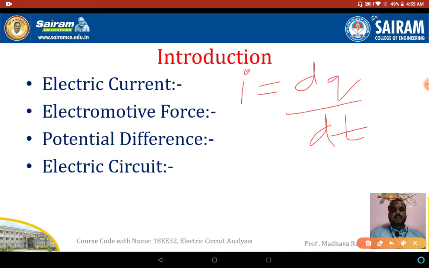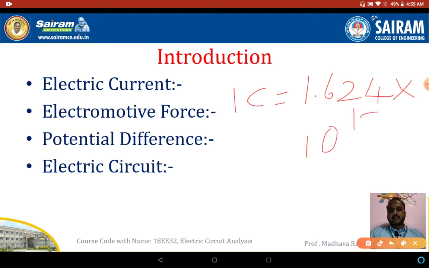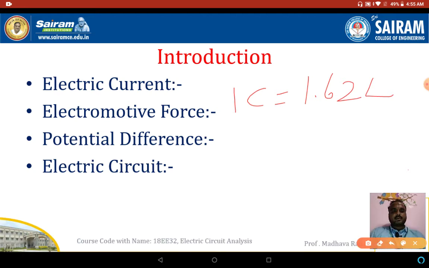Also, one coulomb is equal to 6.24 into 10 power 18 electrons. And 1 ampere is equal to 1 coulomb per 1 second.